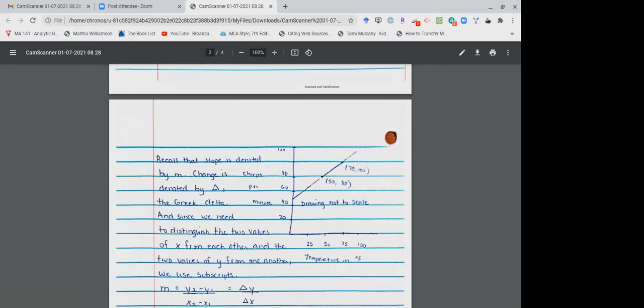Now, before I end this video, I'm gonna stop screen sharing and come back to you. So the models that we create are for giving us information about a situation. So in this case, I now have the equation, regardless of how it arose.